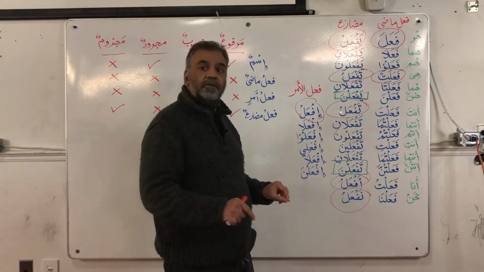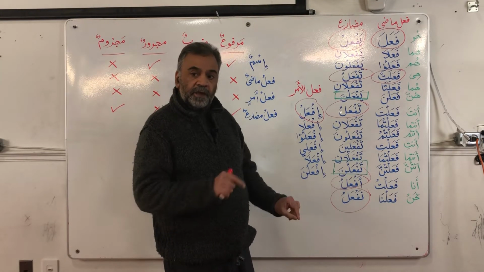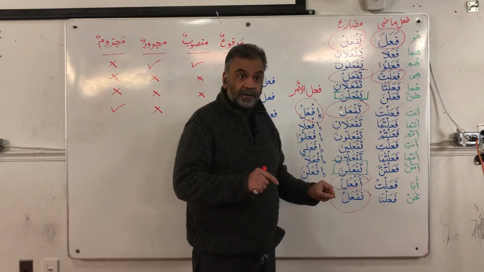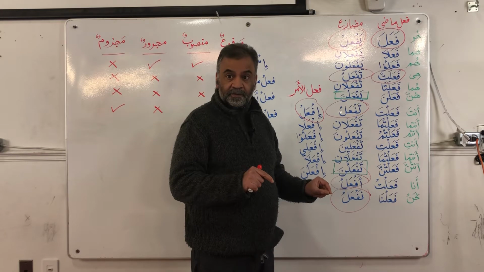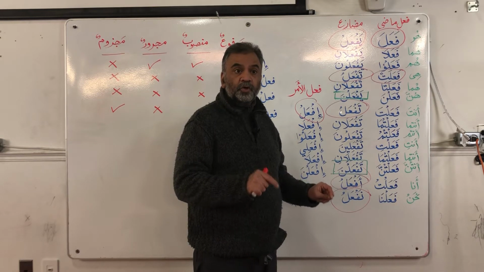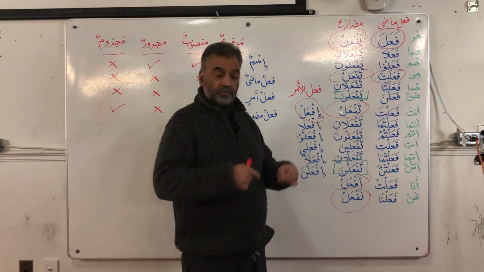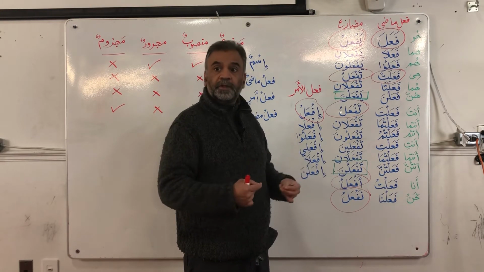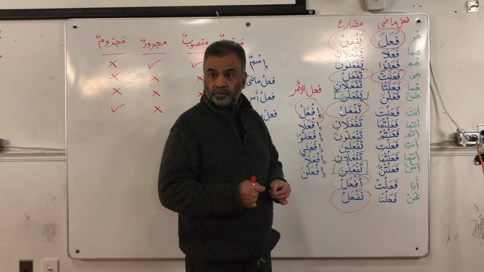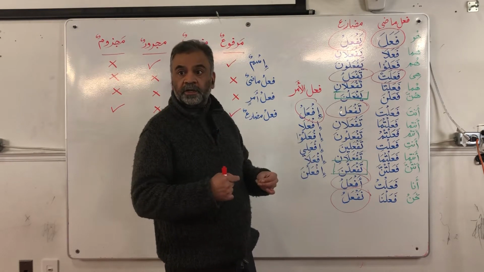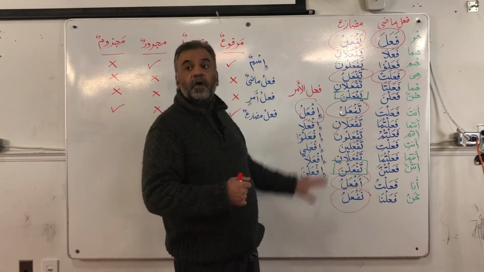Because when we're reading the Quran, we need to identify it's a madi or a mudare or an amr, number one. Number two, who's doing the action? Is it one person, two people, or more than two? Singular, dual, or plural, right? So this is how we identify it.